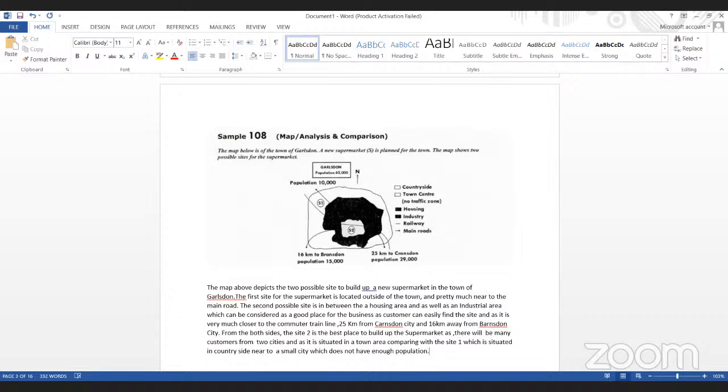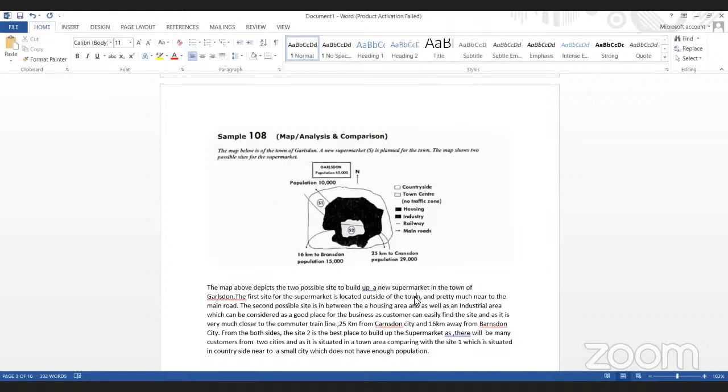Enough population එකක් නැති ඒ city එකත් ඒ site එකත් බලද්දි මේක හොඳයි කියලා ඔන්න කියලා දෙනවා. ඔන්න so I have given an answer for map analysis and comparison, right? This is how you need to write answers for this kind of case.